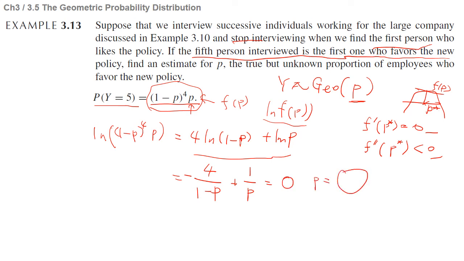And also take one more derivative, the second derivative of ln f(p) with respect to p. Let's say p star is this one; put it in here, then you can check that the resulting value is less than 0. So then your estimate is the answer for this example question.